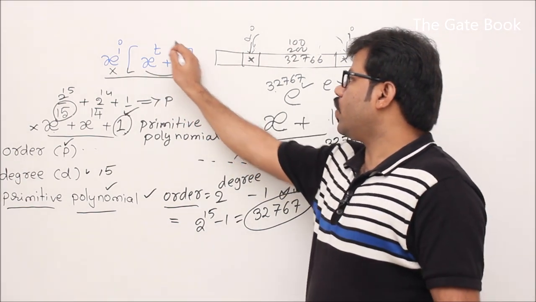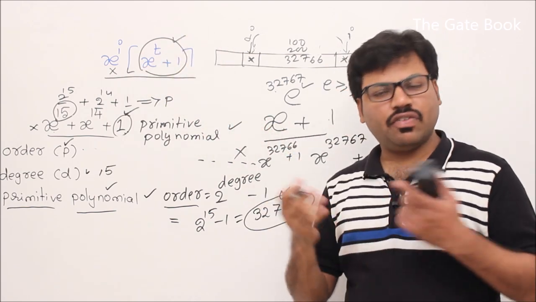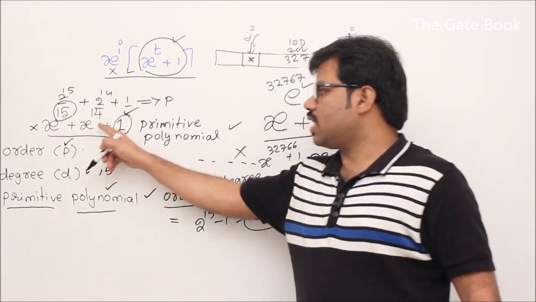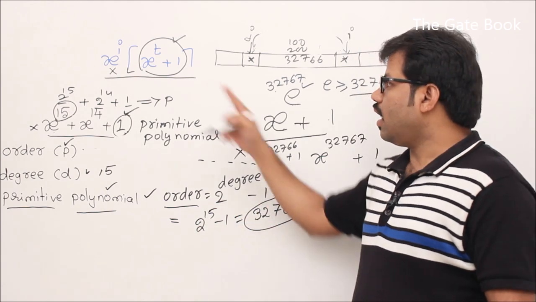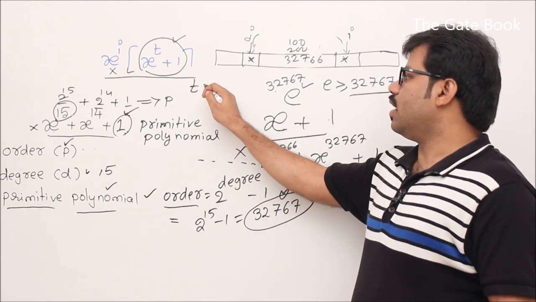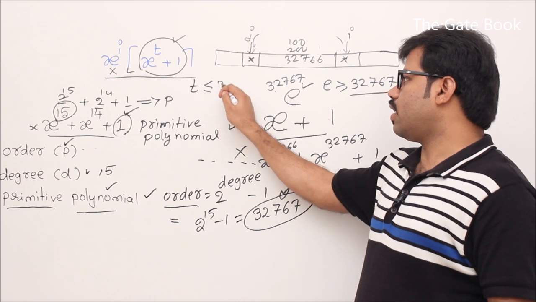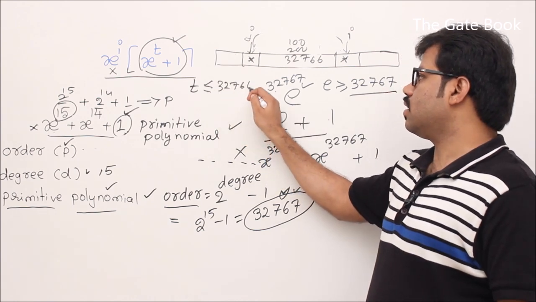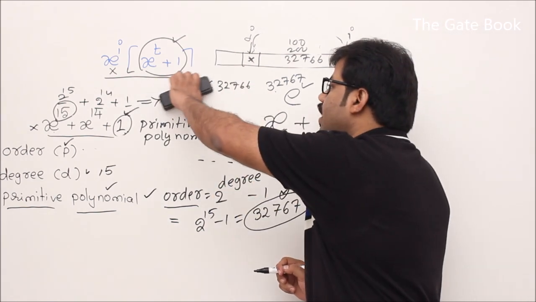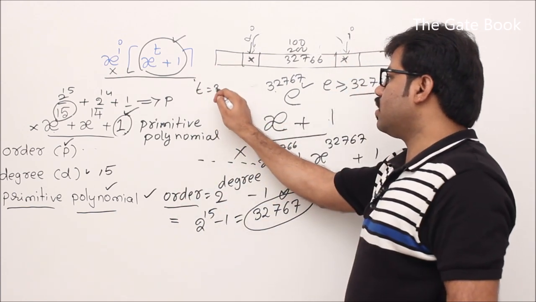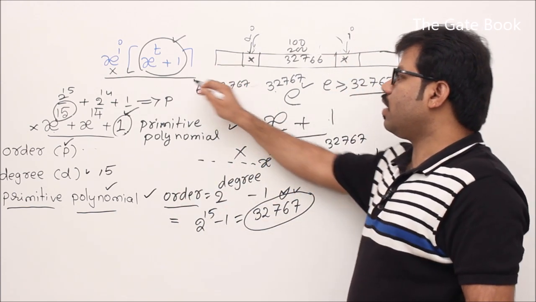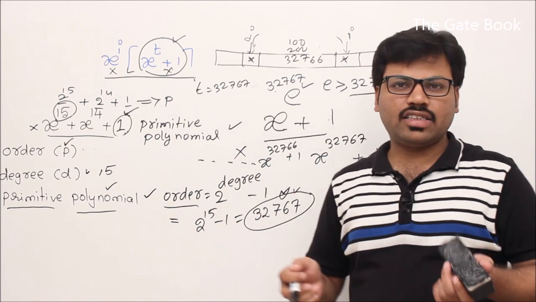That means your x power t plus 1 also cannot be divisible by this x power 15 plus x power 14 plus 1 as long as t is less than or equal to 32,766. If at any time t is 32,767, definitely it will be divisible. Then you can't catch such an error.